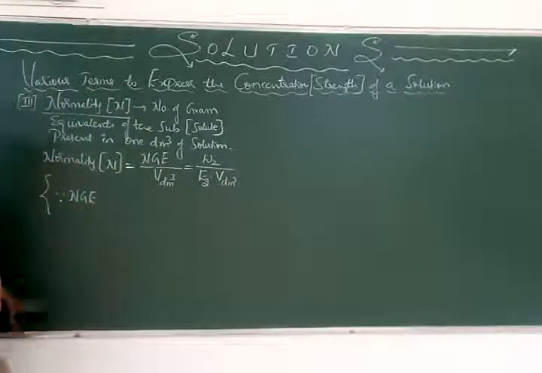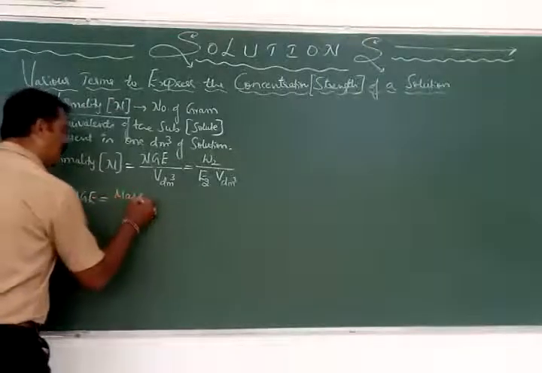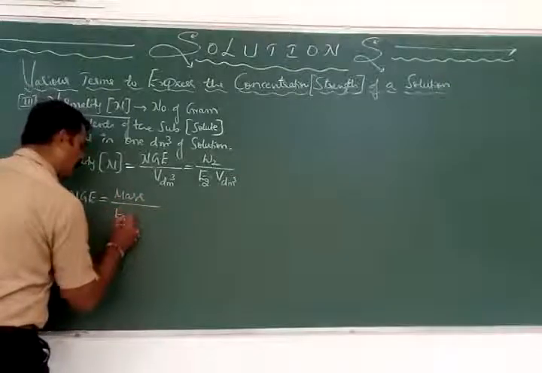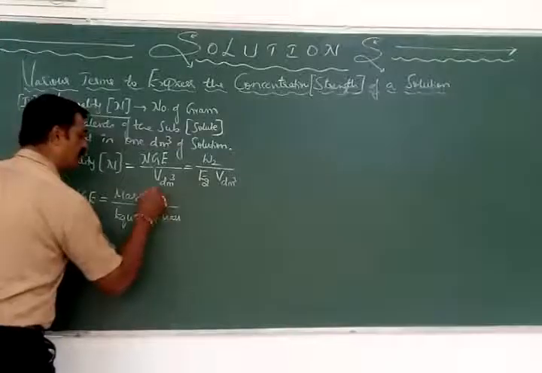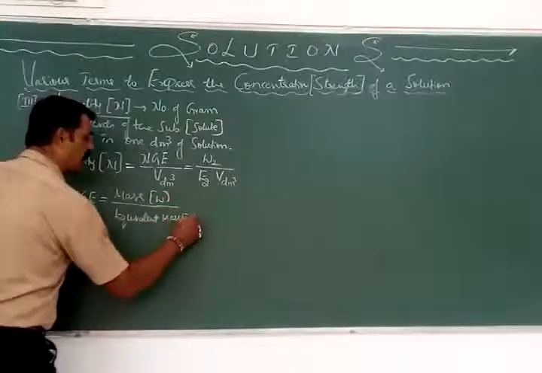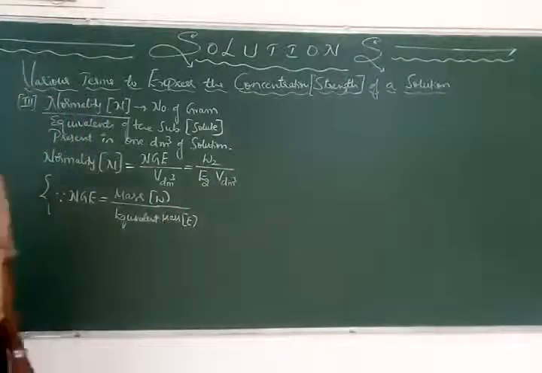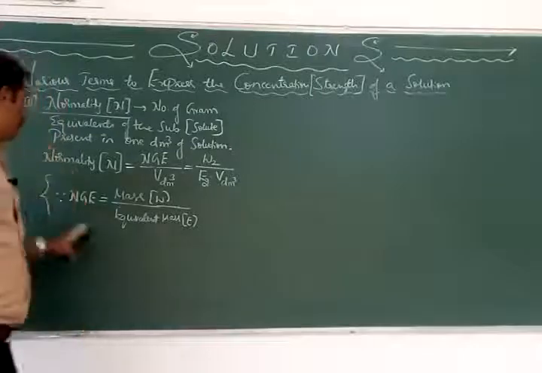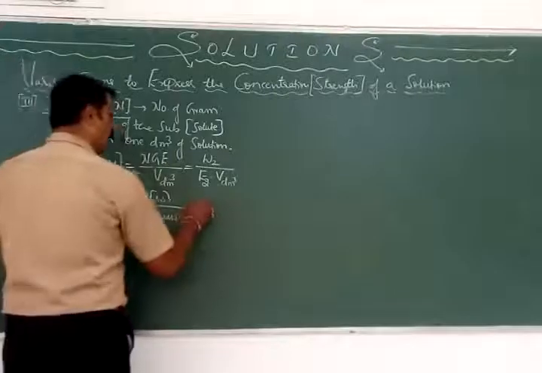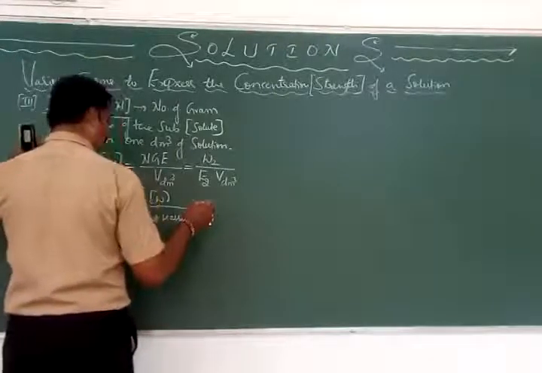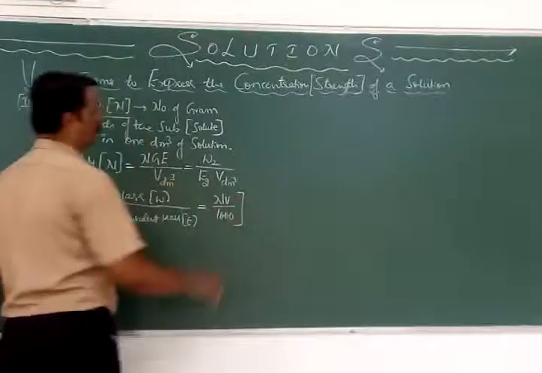Number of gram equivalents is given by the formula mass divided by equivalent mass, W by E. Number of moles is calculated by the formula mass divided by molar mass, but number of gram equivalents is given by mass divided by equivalent mass. It can also be given by normality into volume divided by 1000.